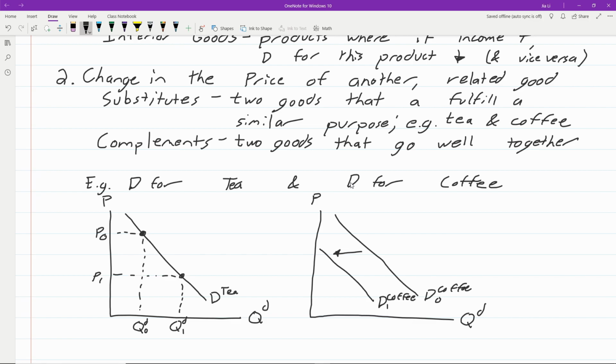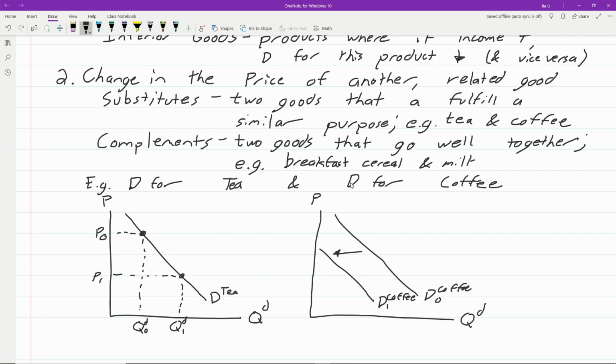And what I mean by go well together is basically just any two goods that people happen to like to use in conjunction with one another. So, easy example here would be, say, breakfast cereal and milk, right?